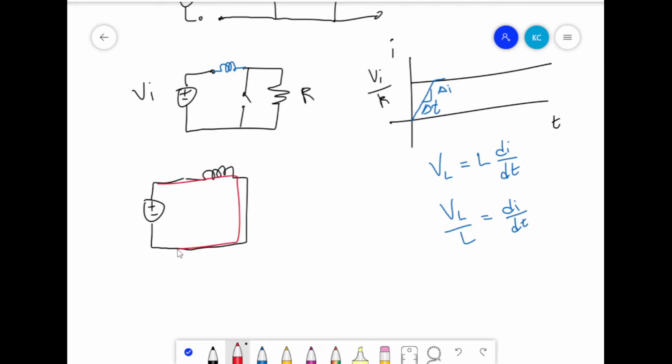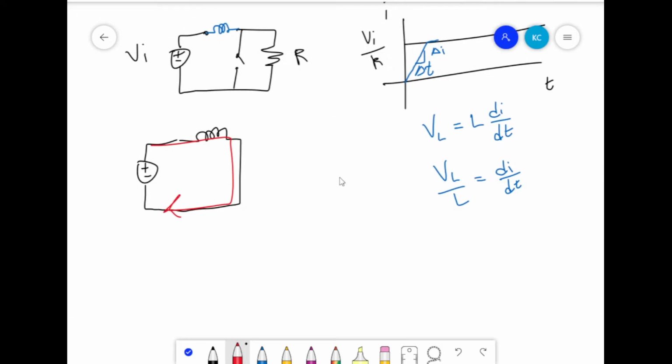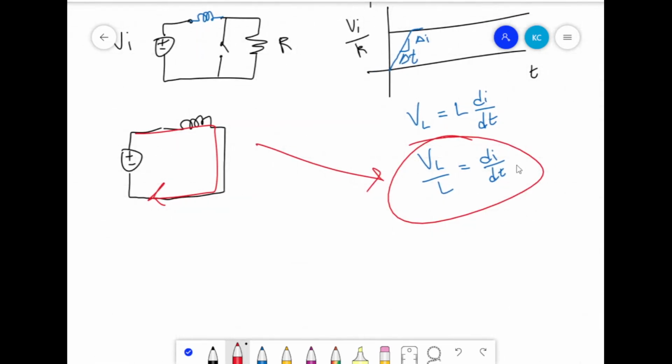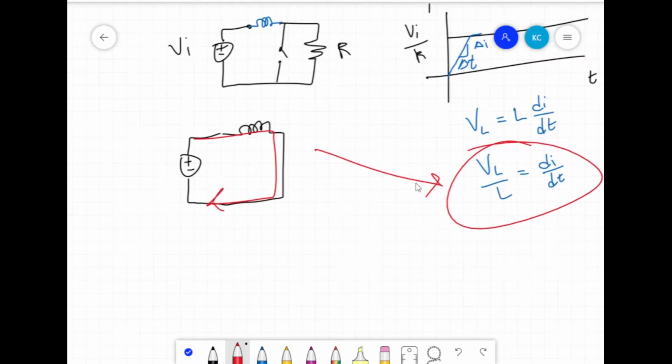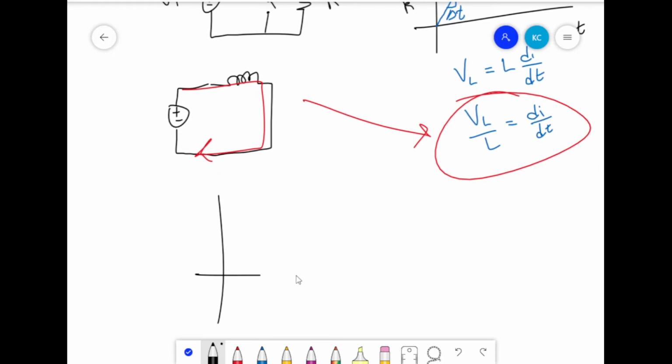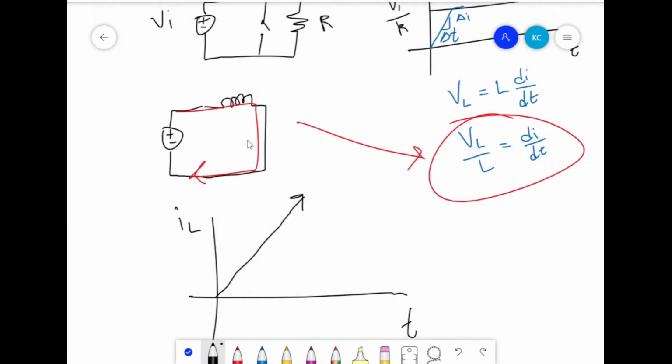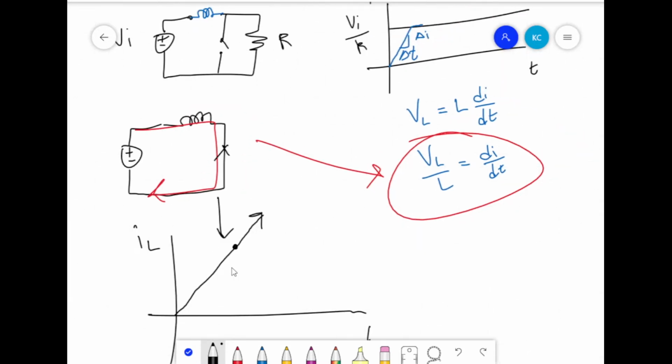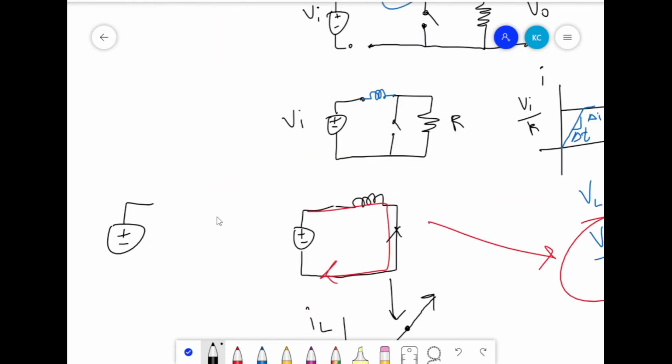The current in this inductor is just going to keep building with this mathematical relation for as long as we keep this circuit like this. So drawing that current graph like this, it would just go on forever until you burn your circuits.